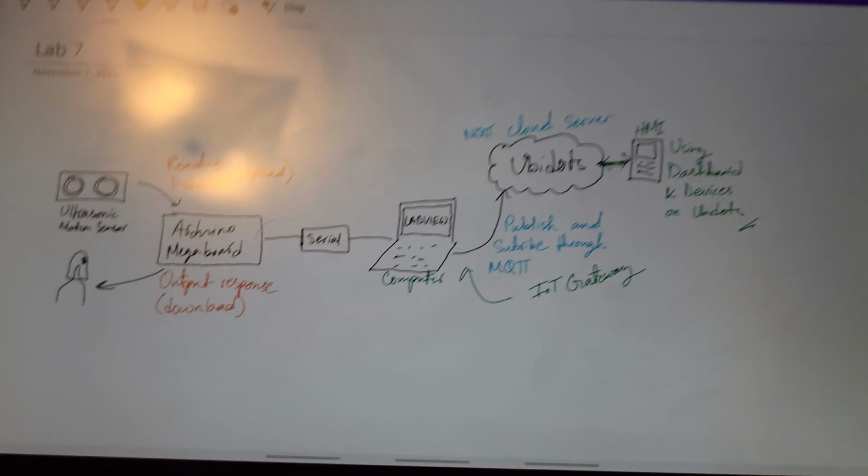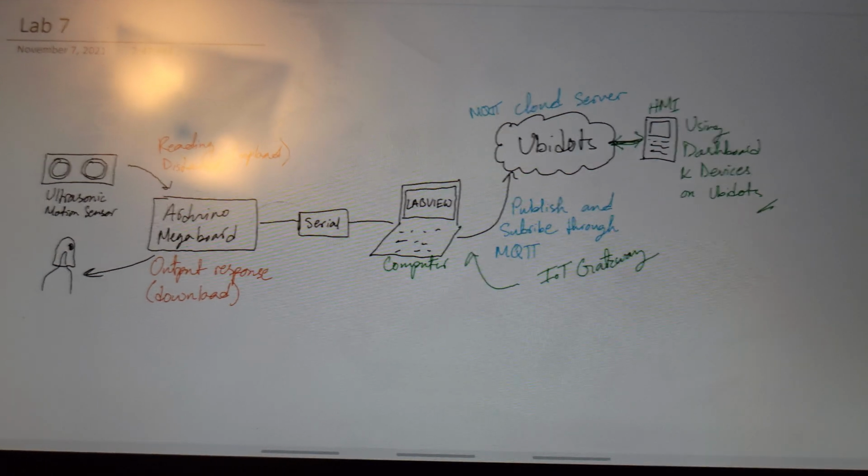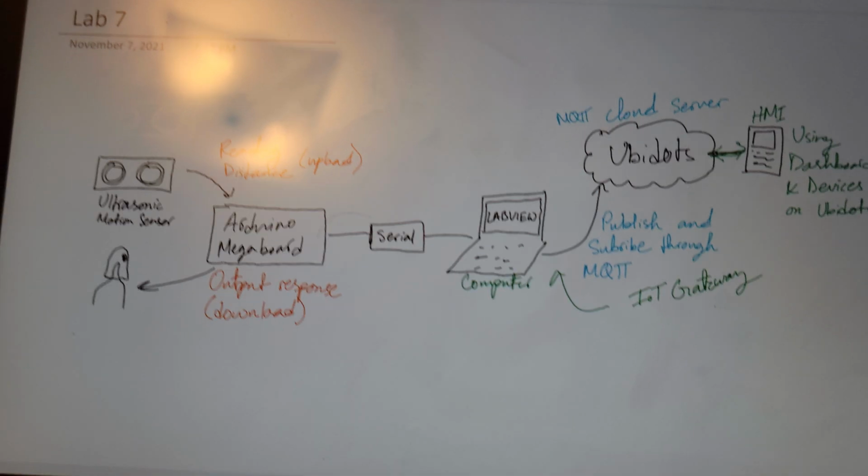The objective of Lab 7 is to apply the MQTT concepts learned in class into a real-life application.